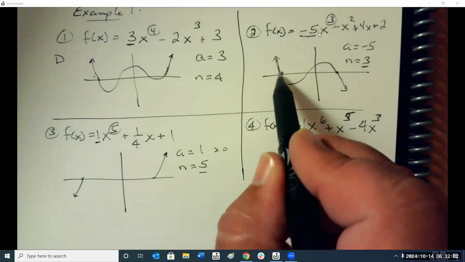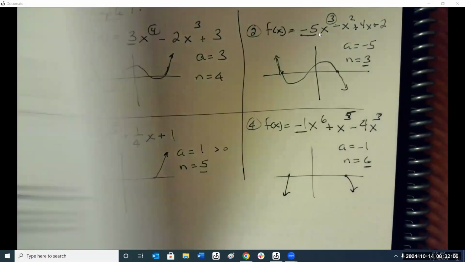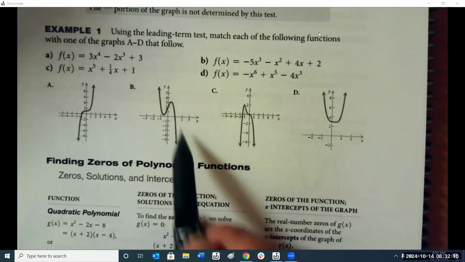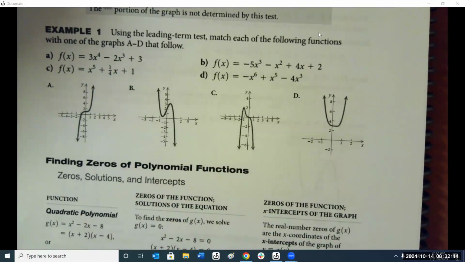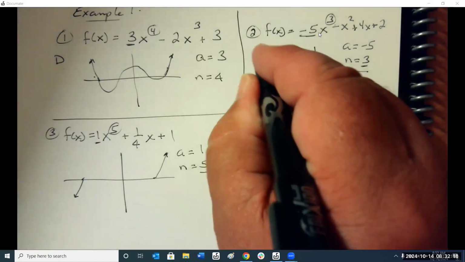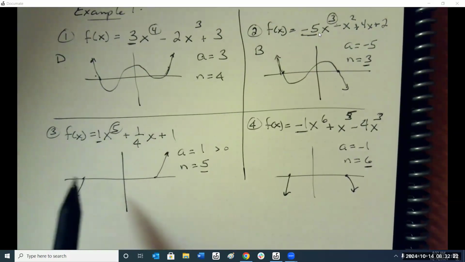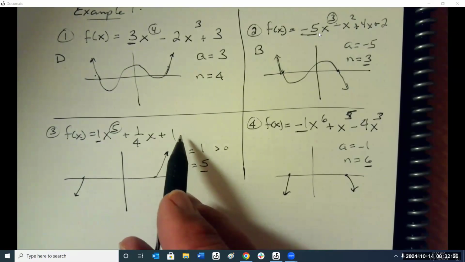Number two, it's got to be going up to the left, down to the right. So up to the left, down to the right. Only one that matches that is B. Number three, down left, up right.